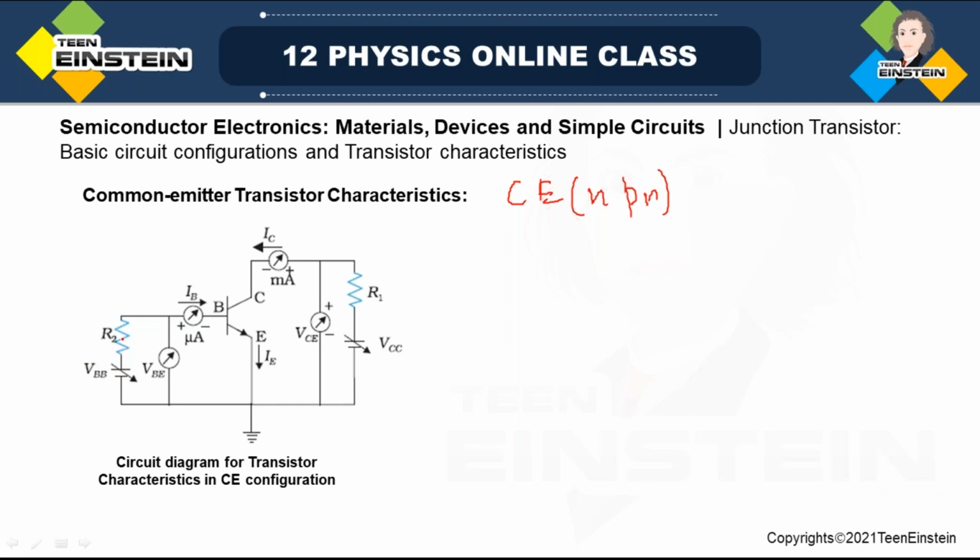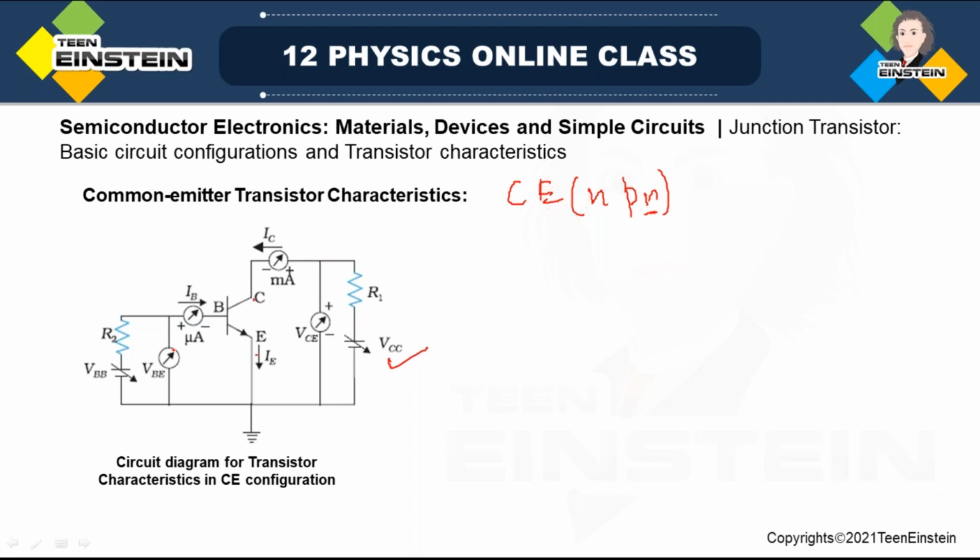Now the output junction is C and E. This junction is biased by the VCC battery. The collector is N-type semiconductor, connected with the positive terminal of the battery.